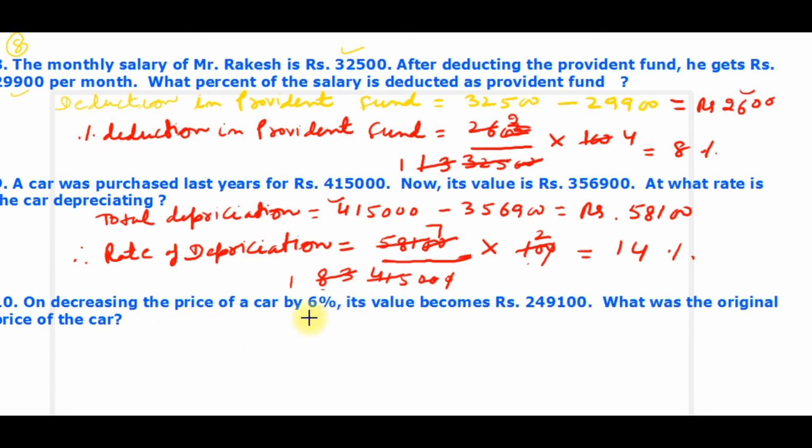Right? Question number 10 is: on decreasing the price of a car by 6%, its value becomes this. What was the original price of the car?